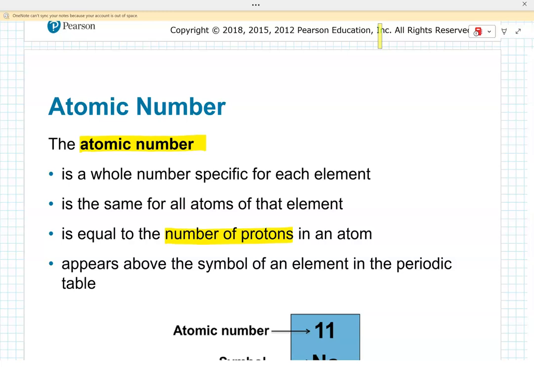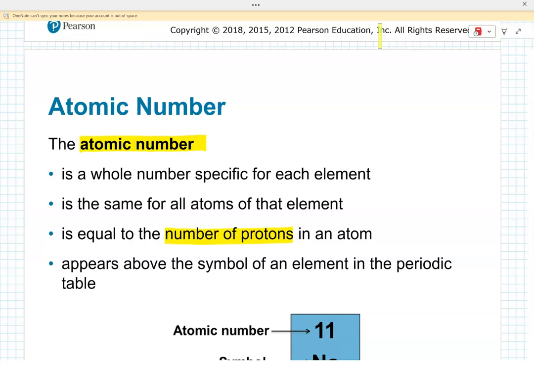So 15 is phosphorus. What is the number? 15. The atomic number is the blue number in the upper right corner. Okay? 15 is atomic number. First of all, what does that mean in terms of the number of protons in an atom of phosphorus? It's 15, right? It's 15 protons, right? Sulfur? How many protons? Yes. Chlorine?